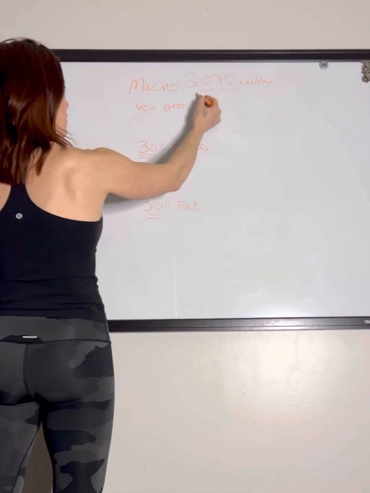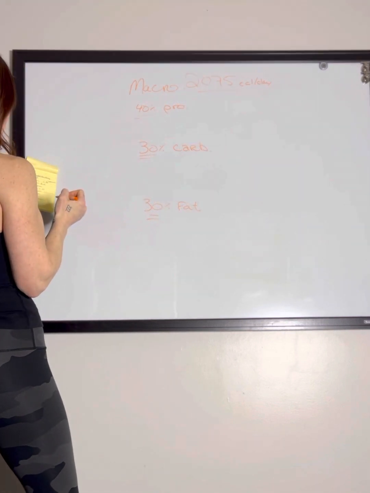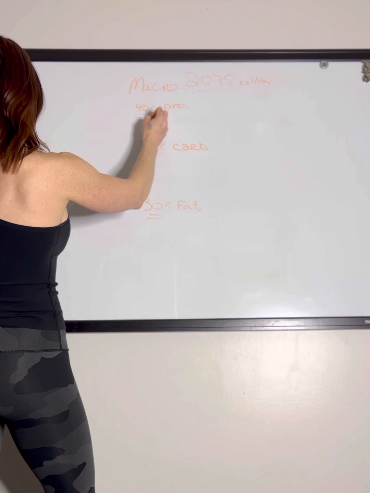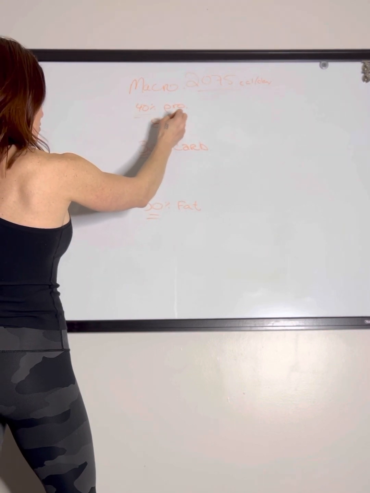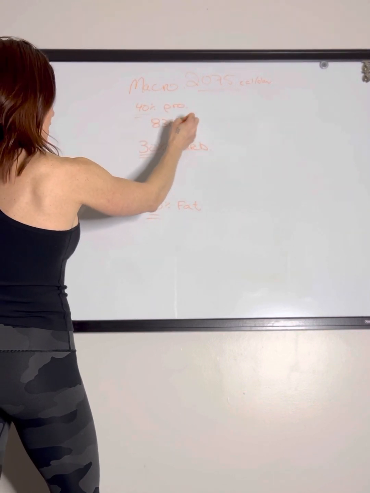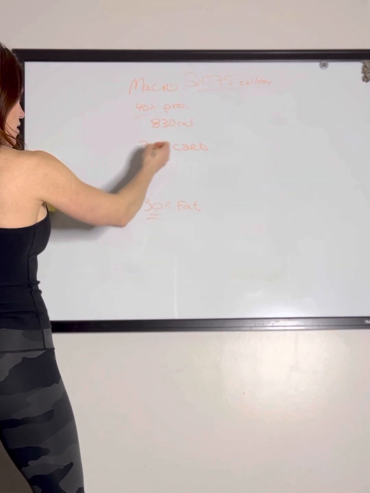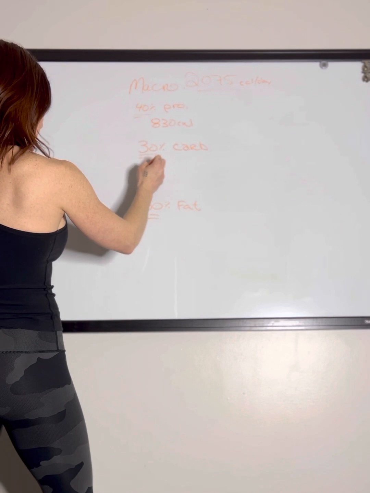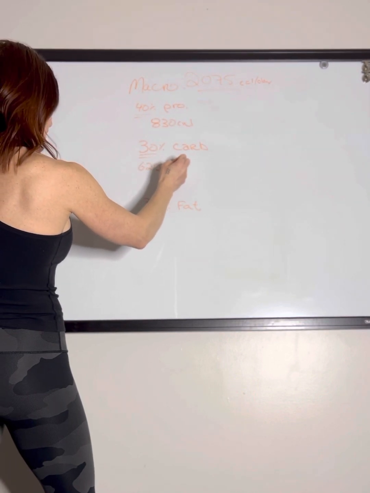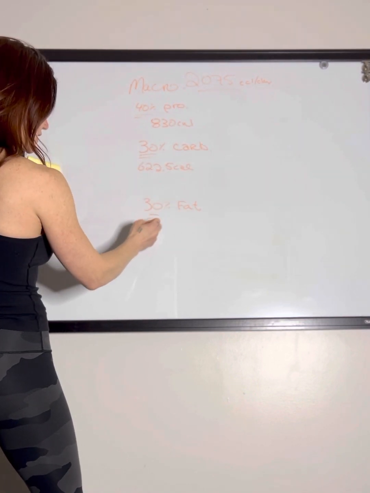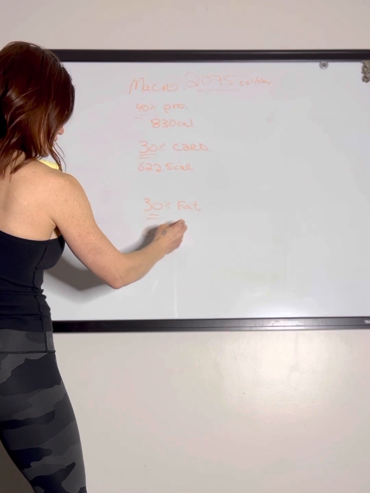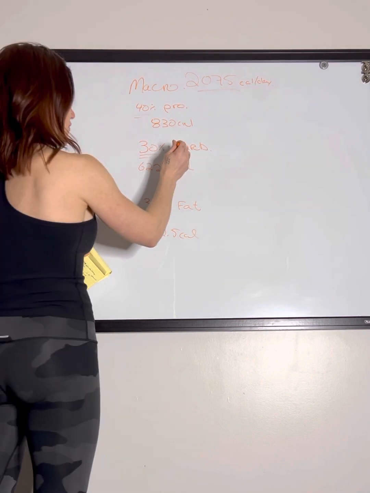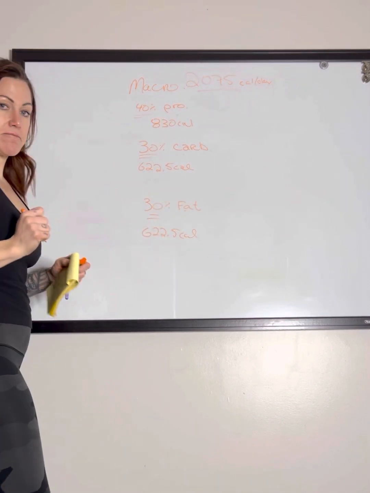So how we do that is 2,075 times 40%, and we get 830 calories. 30% of carbs, 30% of that number, we get 622.5 calories, and exactly the same amount for fat, 622.5.